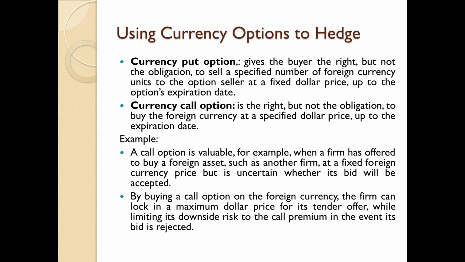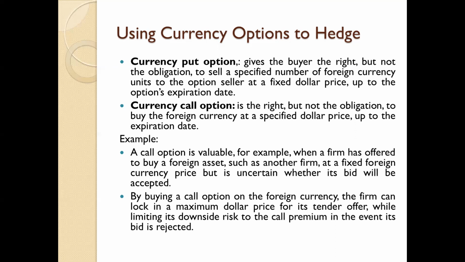Under the currency put option, the buyer has the right, but not the obligation, to sell a specific amount of foreign currency at a pre-specified price up to the option expiration date. That is an option. You know the difference between option, futures, and forward.